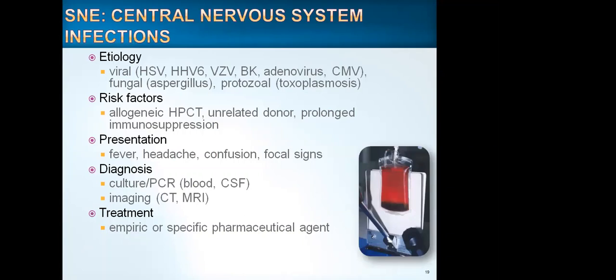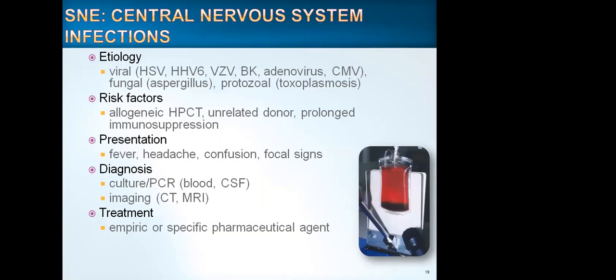Now, central nervous system infections. Generally, other central nervous system infections also lead to neurological toxicity. Viral infections like HSV, HHV6, VZV, BK virus, adenovirus and CMV, and fungal infections like aspergillus also lead to neurological issues.